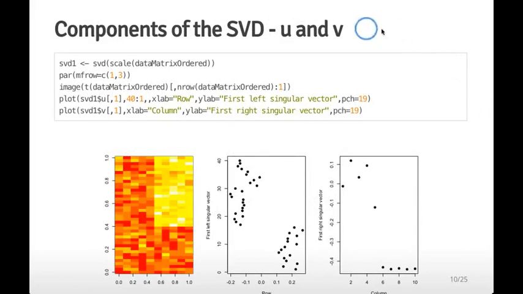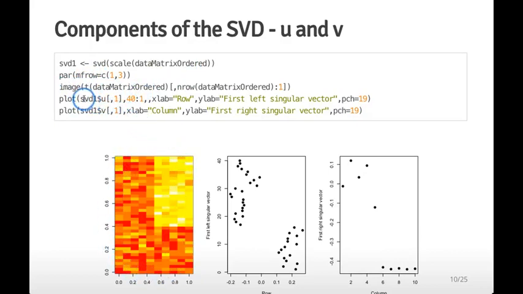So first I'm going to talk a little bit about the singular value decomposition, and I'm going to talk about two of those components, the U component and the V component. U is called the left singular vectors, and V is called the right singular vectors. In R, to calculate the singular value decomposition of a matrix, you use the command svd. So here I've applied svd to our scaled matrix. I then make a plot, first of the entire data matrix using the image command.